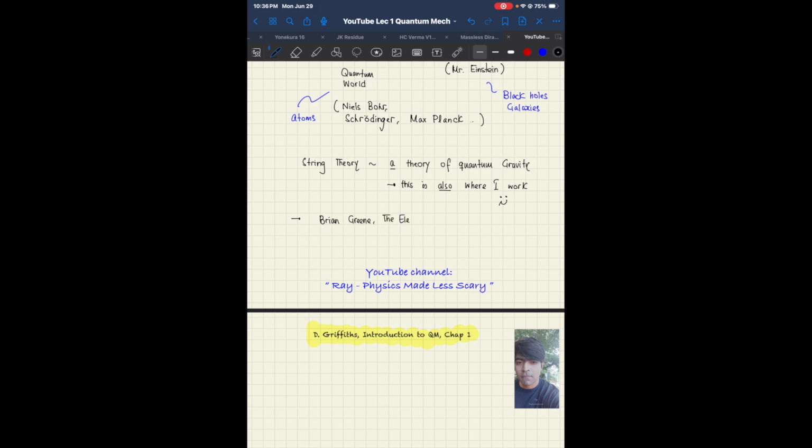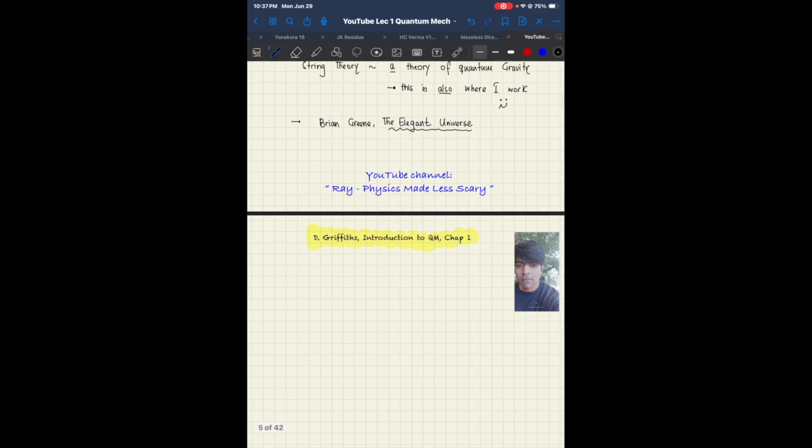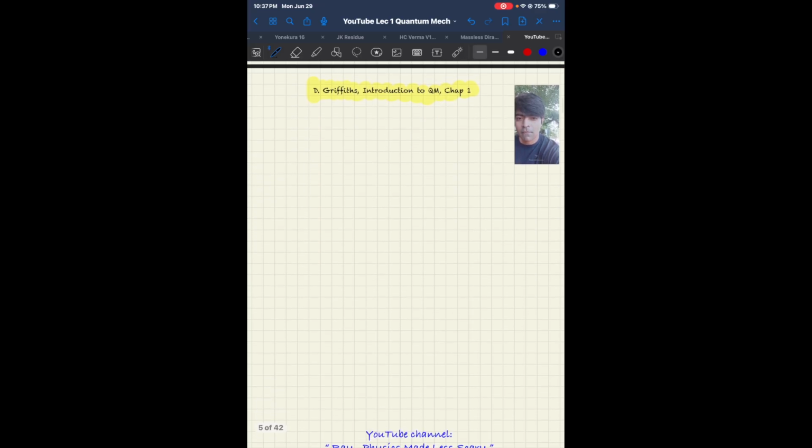It's a magical book. Again, it's available on Amazon. If you have time, please go through it. It's something that made me decide that I want to pursue physics, for example. It was that good. Okay, so much for stories.